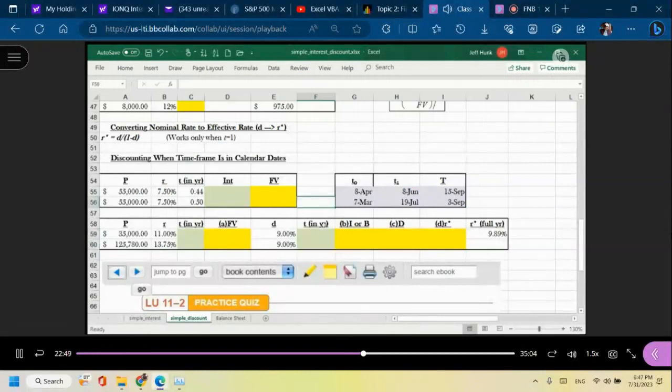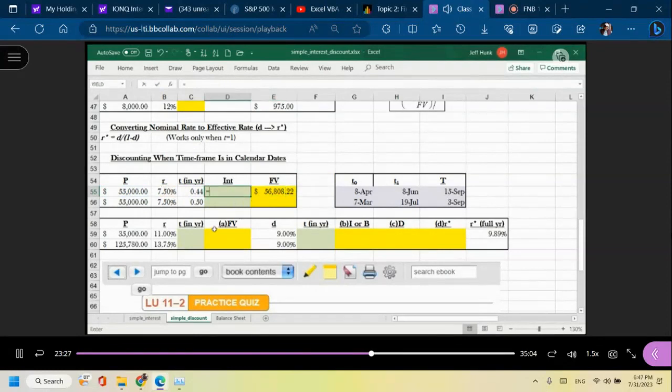Okay, and then in the first problem, what is the interest? What is the future value? The future value is simple. We know it is P times 1 plus R times T. Okay, and there you go. That's the future value.